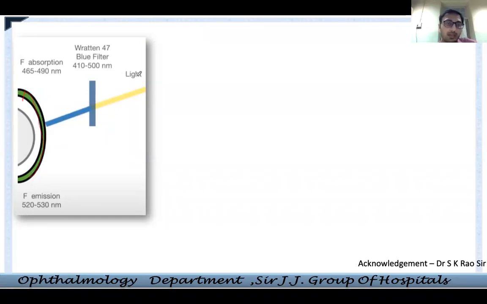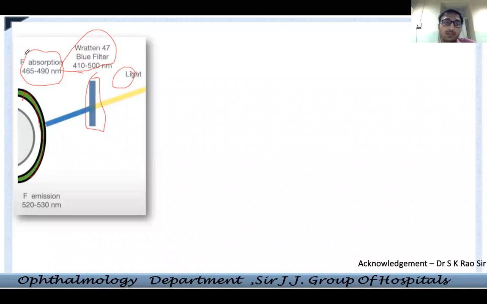Then you put a light, and light has all the wavelengths available. Then you put a blue color filter inside. What will happen because of that? As I told you, this fluorescein is going to absorb a certain spectrum of the light. What spectrum of the light? That is 465 to 490 nanometers.